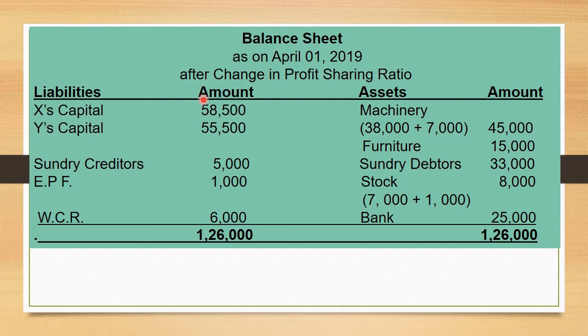For preparing balance sheet, first thing we will write on liability side of balance sheet is their capitals, and those capitals come from capital accounts balance C/D, and we will write X capital as 58,500, Y's capital as 55,500.